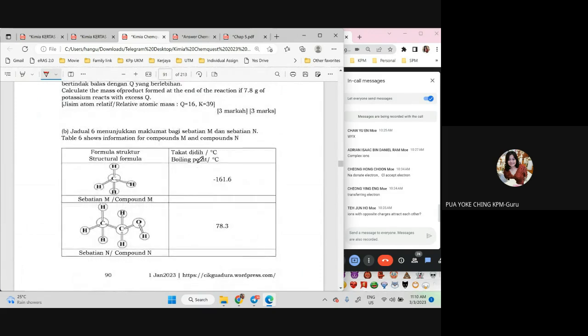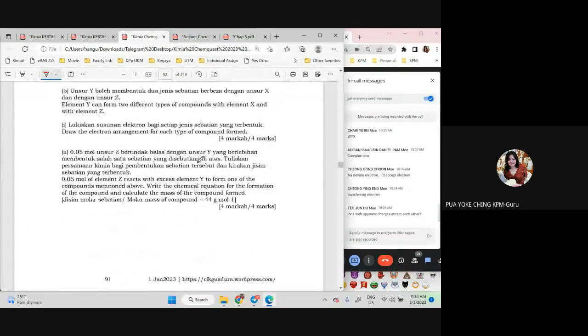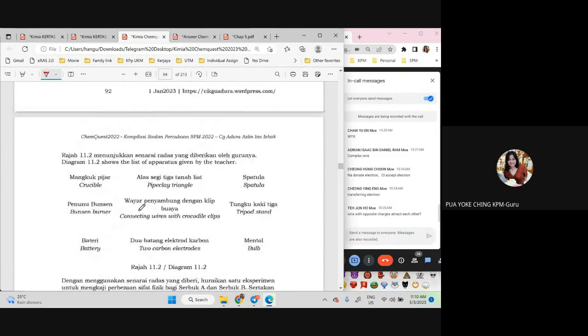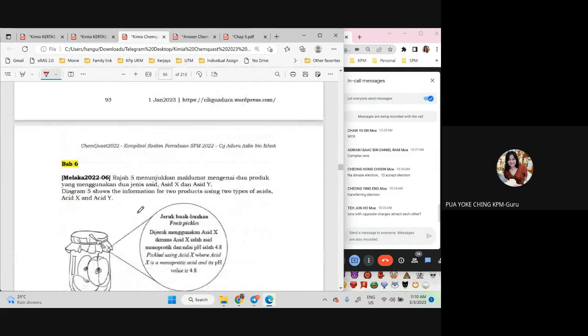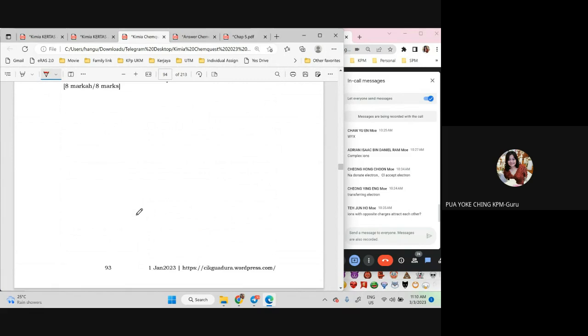This is the melting point and boiling point. Ini ialah jenis ikatan. So you can go through all the example here lah before go to chapter 6. Untuk chapter 5. Dia suka keluar melting and boiling point.